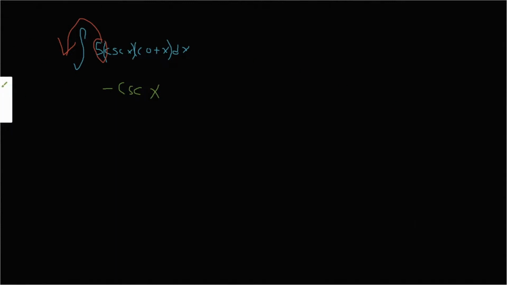But remember, we took out this 5, so we have to put it back in at the end. So it's negative 5 cosecant x, and then plus c.